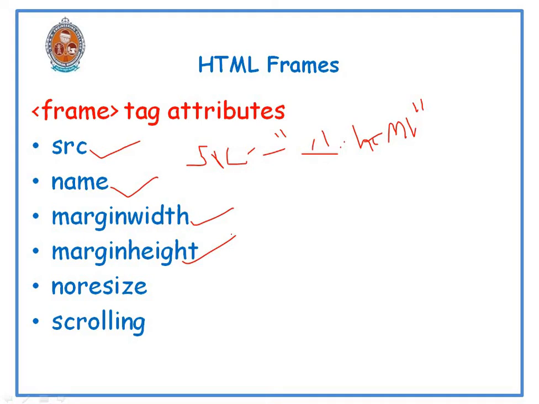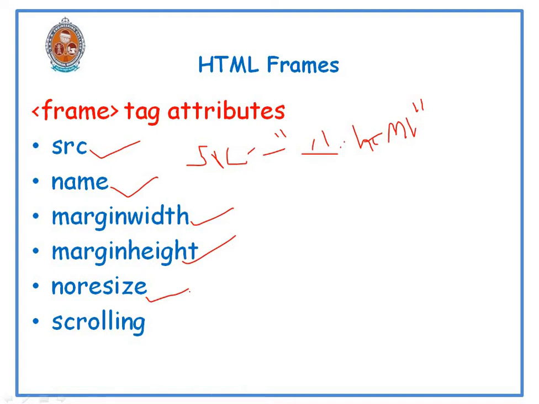Coming to the next one, noresize. By default we can resize any frame by clicking and dragging on the borders of the frame. In order to prevent that, we need to use the attribute noresize.